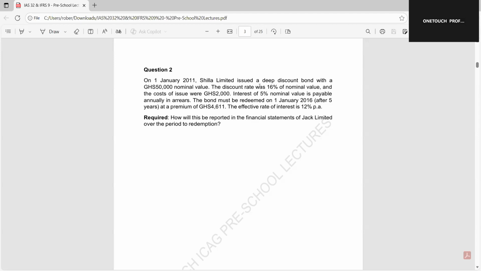So this one will be financial liability at amortized cost, because the contractual cash flow is mainly principal and interest on principal amount outstanding, full stop.